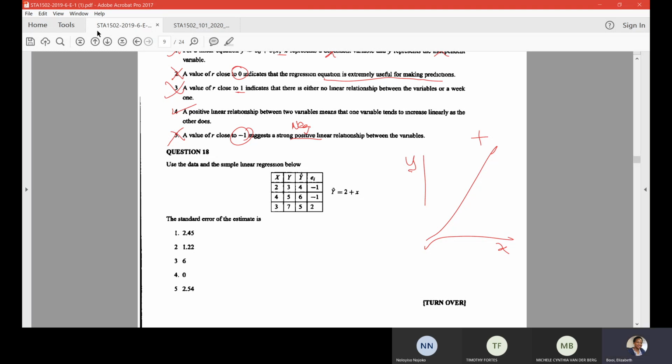If you don't know the formula for the standard error, we go to the formulas.